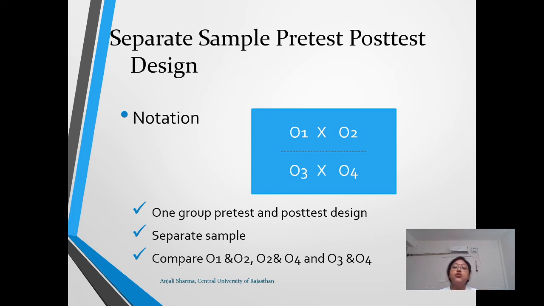But O2 and O4 we can also compare to see, even though they are separate samples, which group is more influenced by the intervention, and in which group the intervention works more. To see this impact we can compare O2 and O4 also.